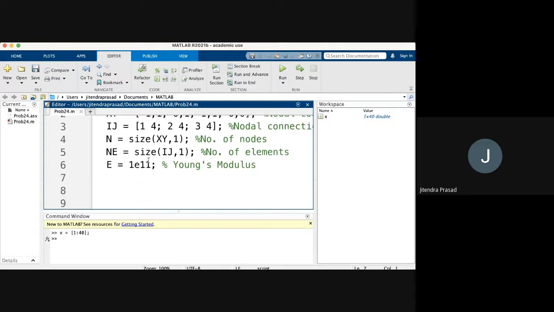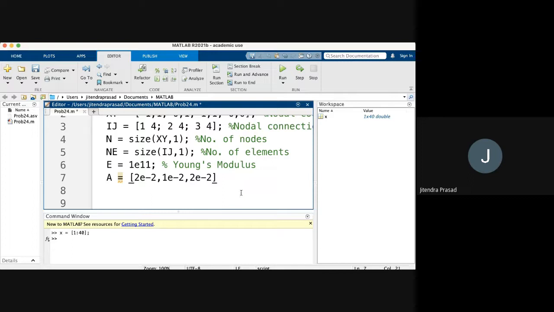Area is also given. For the three elements, you can define an area vector: A equal to A1, A2, A3. The first value is 2 e to the power minus 2, the second one is 1 e to the minus 2, and the third one is also 2 e to the minus 2.